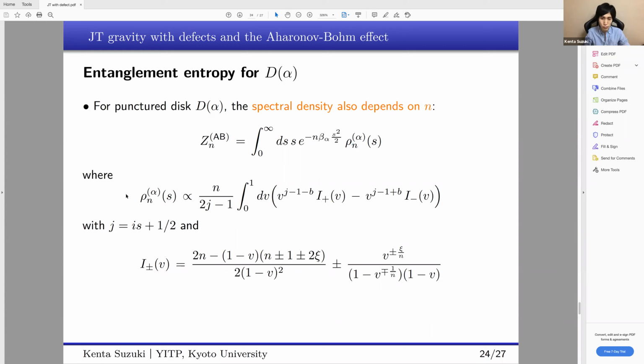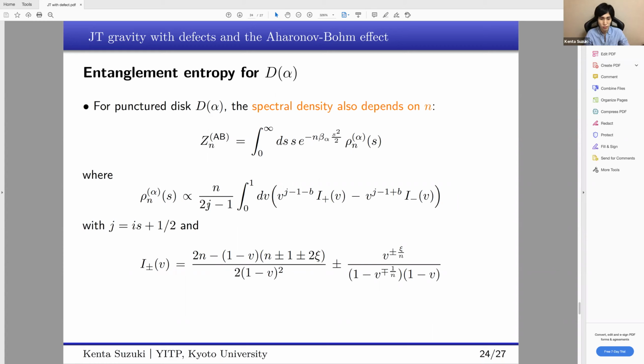The computation to get this replicated spectral density uses basically the same technique as we did for the conical defect angle alpha.